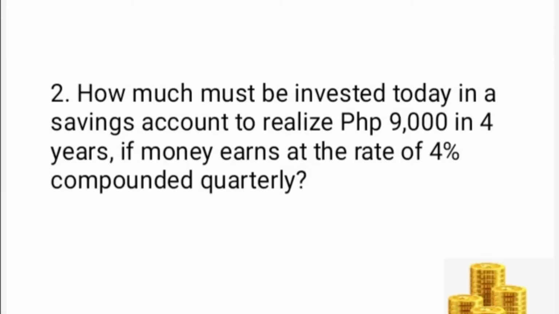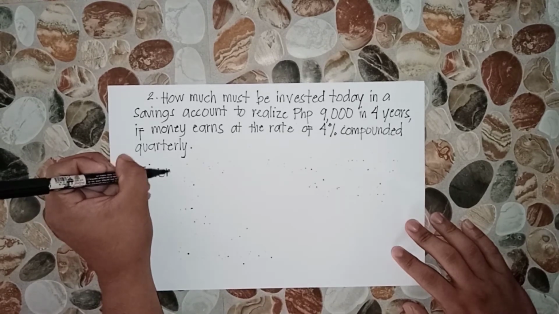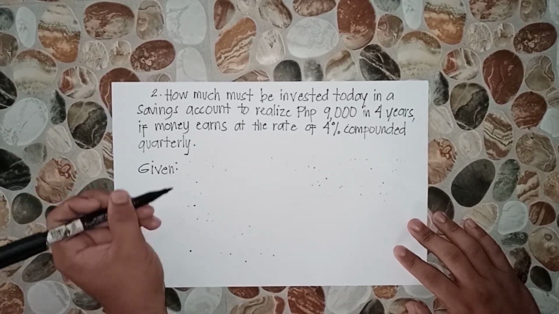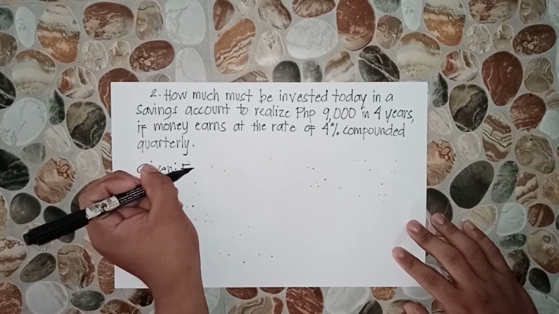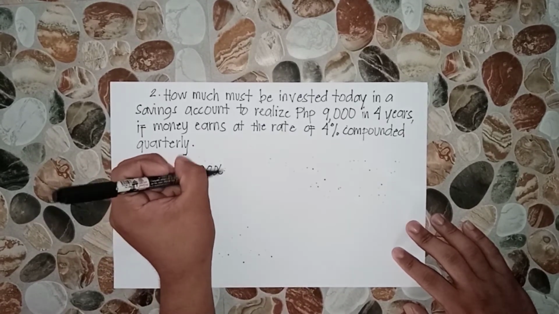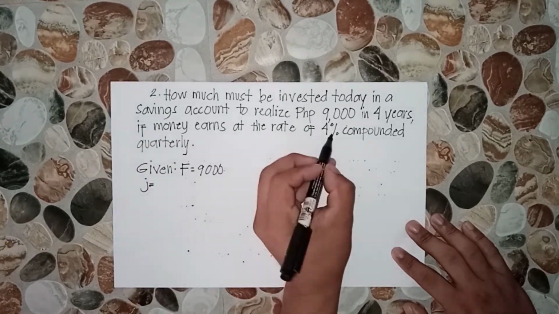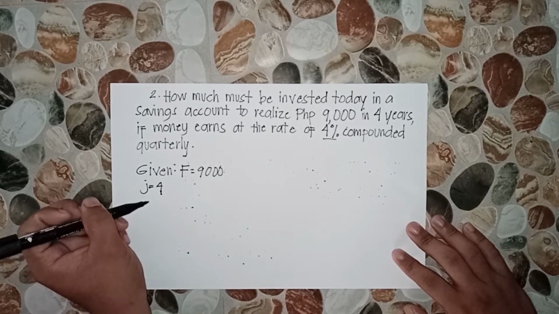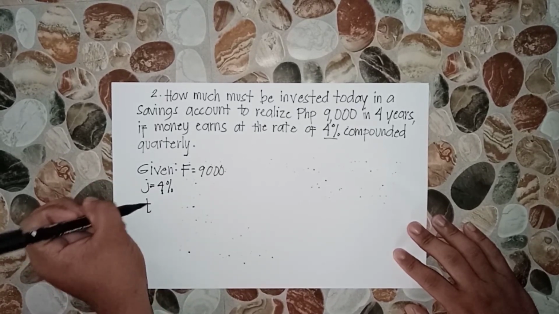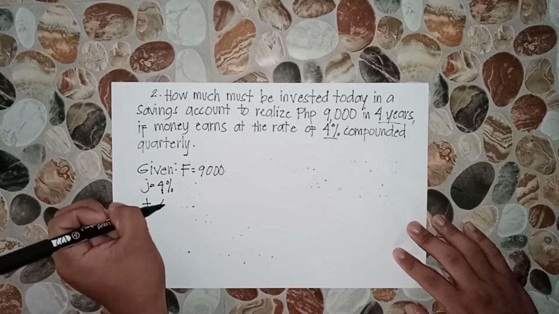Number 2: How much must be invested today in a savings account to realize 9,000 pesos in 4 years if money earns at the rate of 4% compounded quarterly? First we write our givens. Our future value is 9,000 pesos, our j or interest rate is 4%, and our time is 4 years.